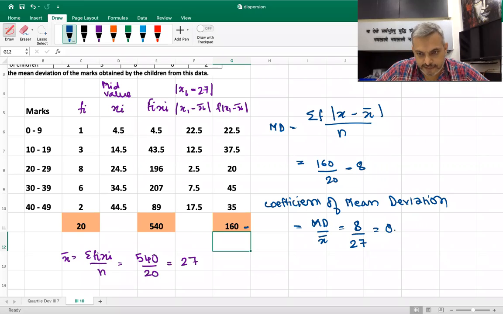That is 0.2962, so we can take 0.30. Answer. Go through the sum, go through the heading, go through the calculations.